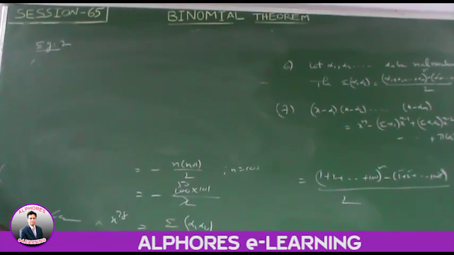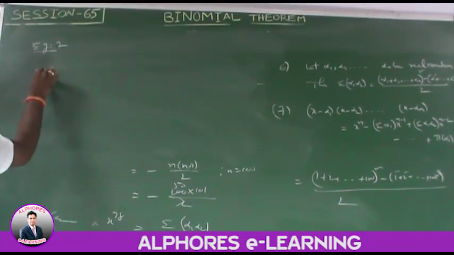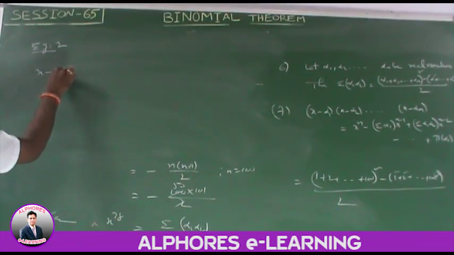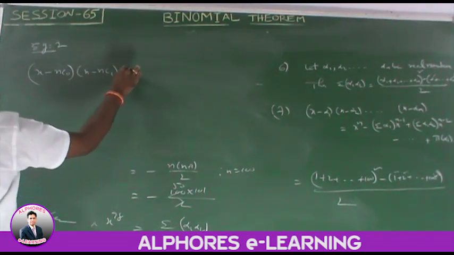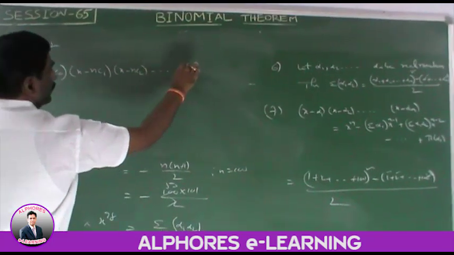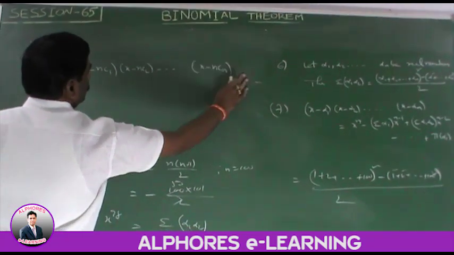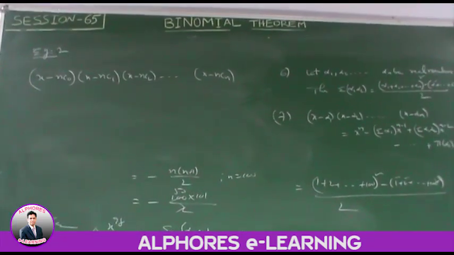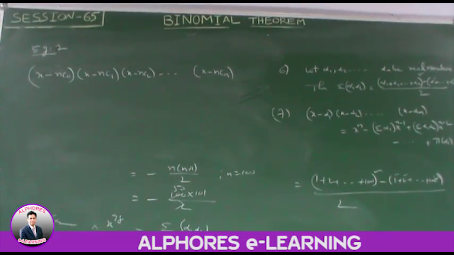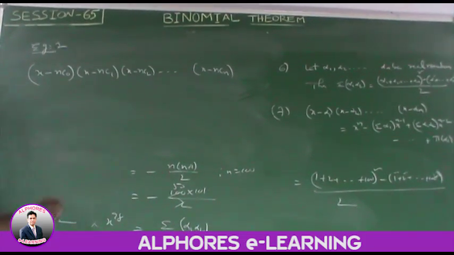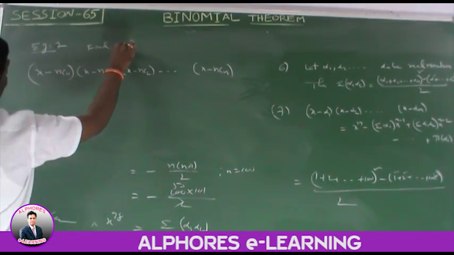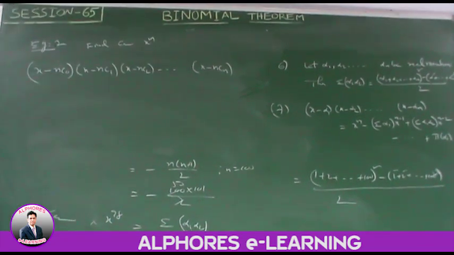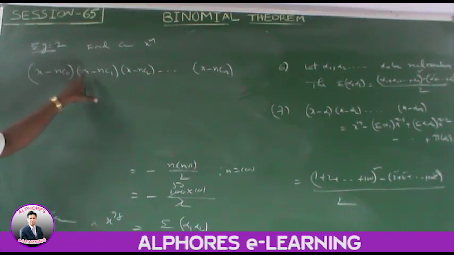Example 2. Find the coefficient of x power n in the expansion of x minus nc naught into x minus nc1 into x minus nc2 into so on x minus ncn.